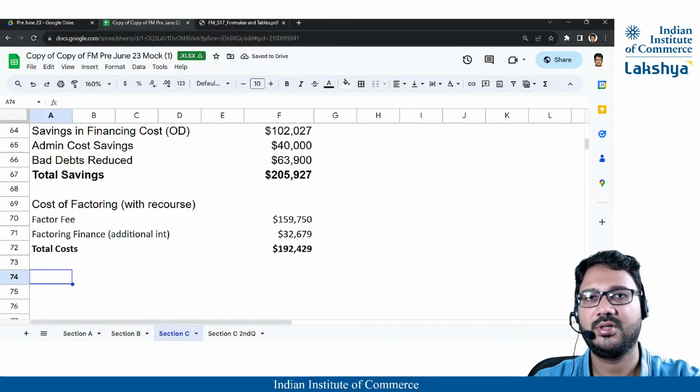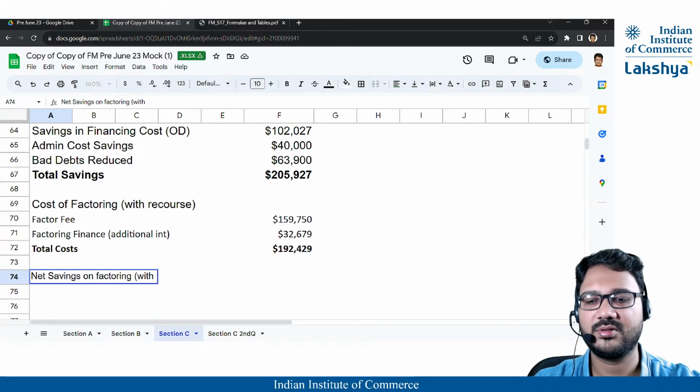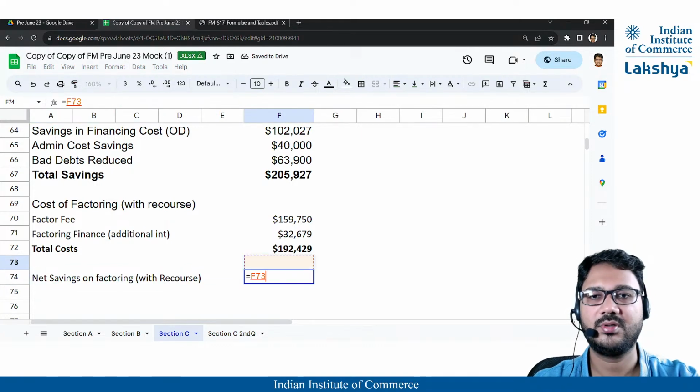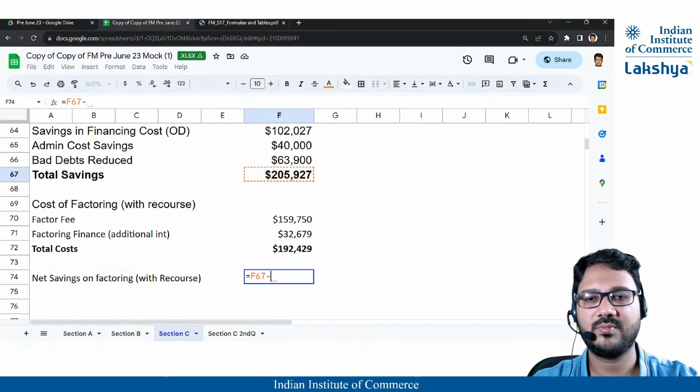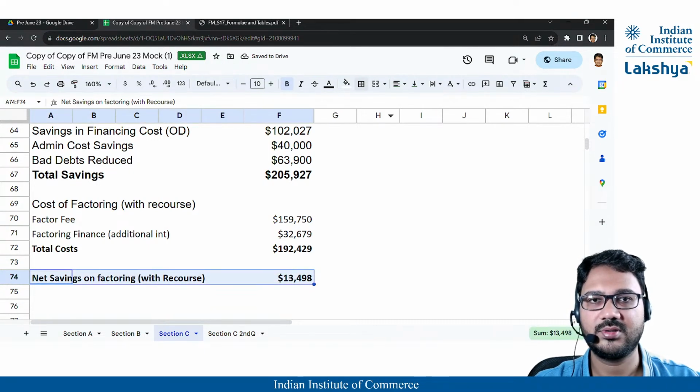So net savings on factoring with recourse will be total savings minus total costs, which is equal to $13,498. Okay, we can just highlight this.